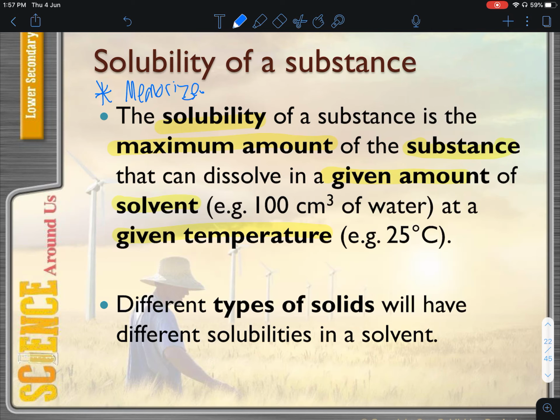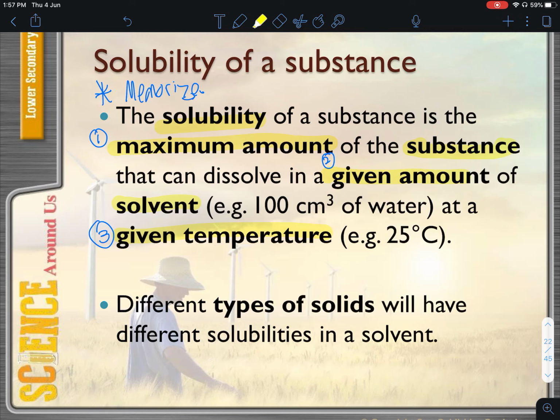From this statement, you can see that temperature can actually affect solubility. The volume of solvent used can also affect solubility, and definitely the mass of the solute can also affect it. So these are the three key things that you need to write in your exams to get the maximum mark.